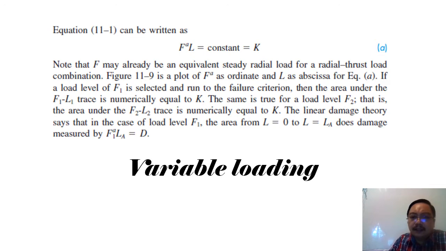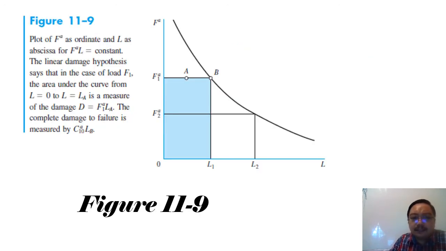You can read all the text. This is Figure 11.9. You see here is the variable load. This slide wants to tell about how to make the theory for the variable load.